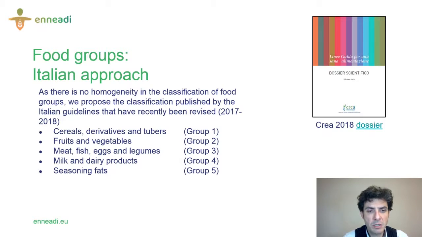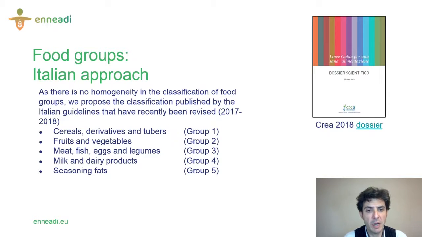For example, cereals, their derivatives and tubers are all foods of course containing more nutrients, but in this case they have complex carbohydrates as the main nutrient inside of them. Fruits and vegetables are commonly characterized by the presence of minerals, vitamins, some sugars, especially in fruits, but especially dietary fiber.